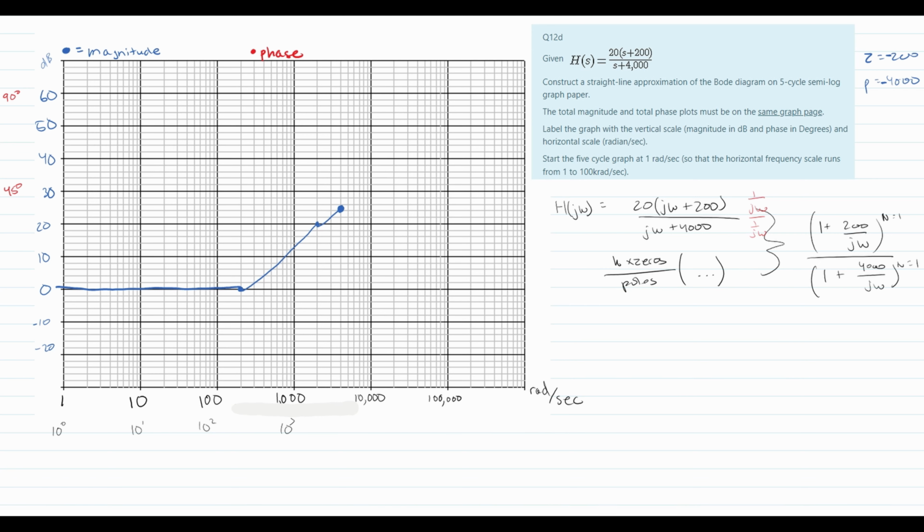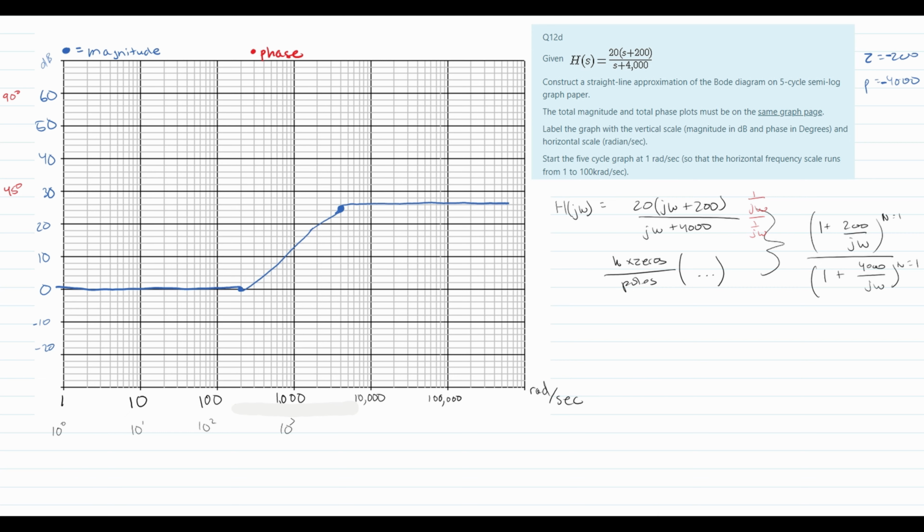And so from here, we're just going to have a straight line. And it's going to look something like this. So that's what our magnitude graph is going to look like. And this could be a little bit straighter, but this is basically a very rough sketch of our magnitude graph.